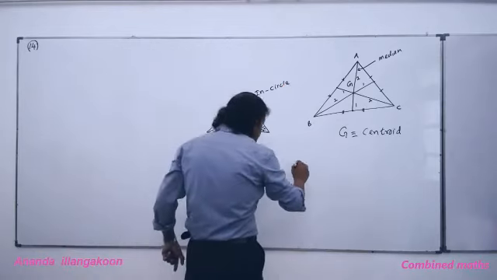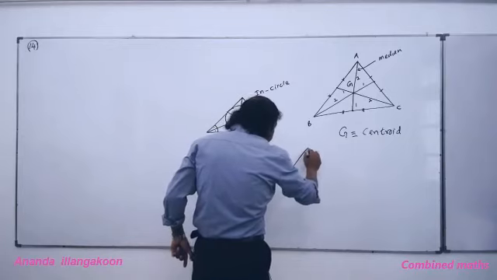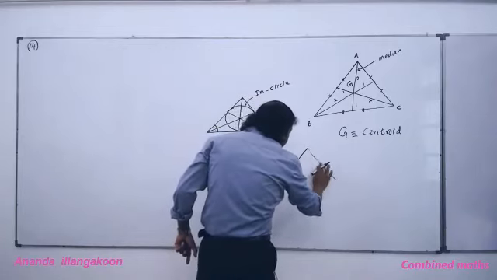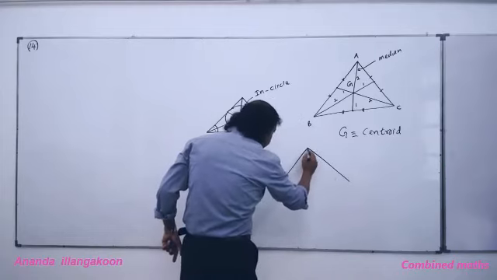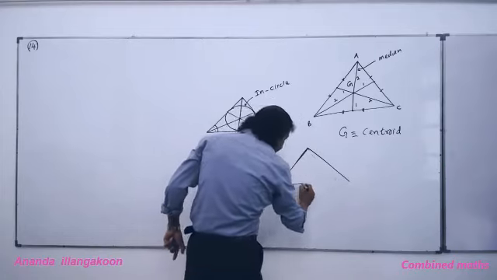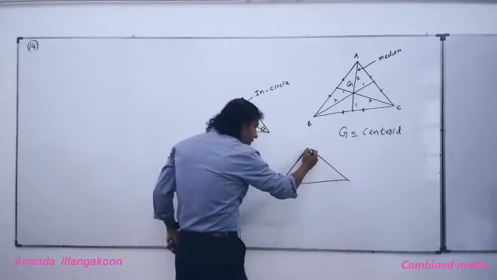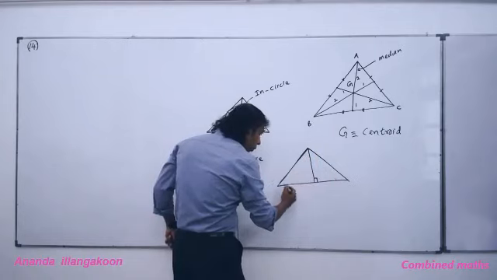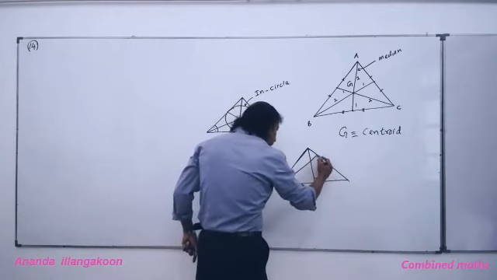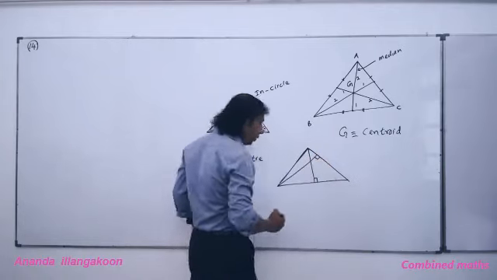It is this. Now, when we consider a triangle this way, from these vertices we draw perpendiculars to the opposite sides.